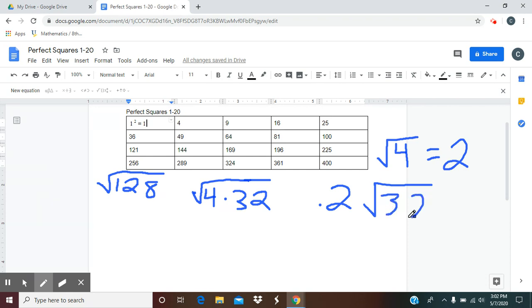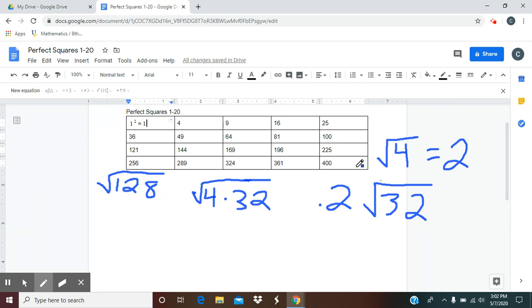The reason this is an issue and not a complete answer is that 32 can also be divided by perfect squares. If you end up with a number underneath the radical or the root that can also be divided by another perfect square, you have to repeat the process.